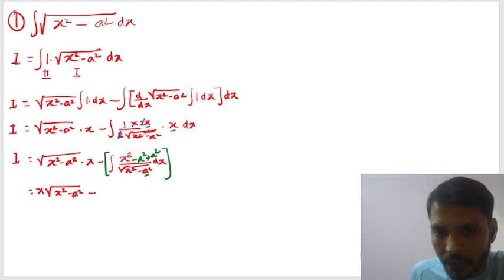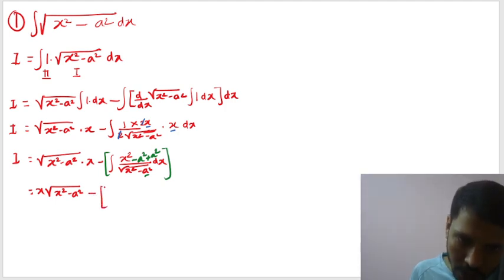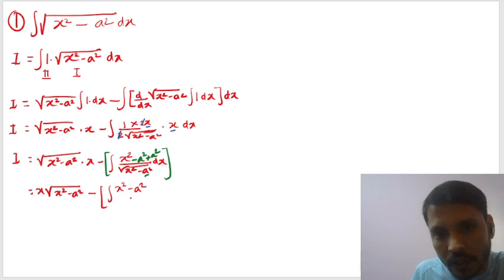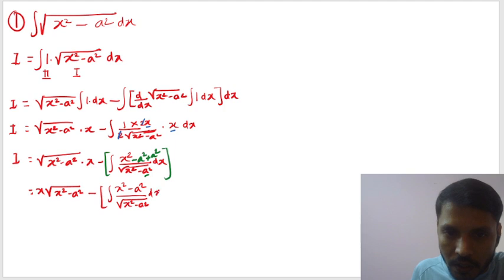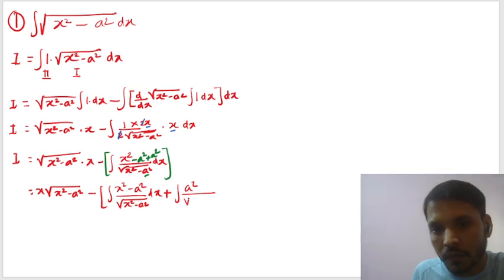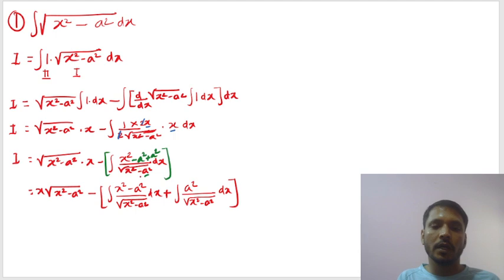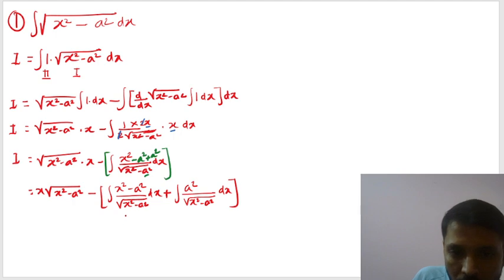But inside the bracket we can write it as x square minus a square divided by under root of x square minus a square, separately, into dx, and then I will take the a square here, divided by under root of x square minus a square. There is no confusion in that, right? We have just split this term, x square minus a square divided by this denominator, and this a square separately divided by this. Now we are going to rationalize this part.